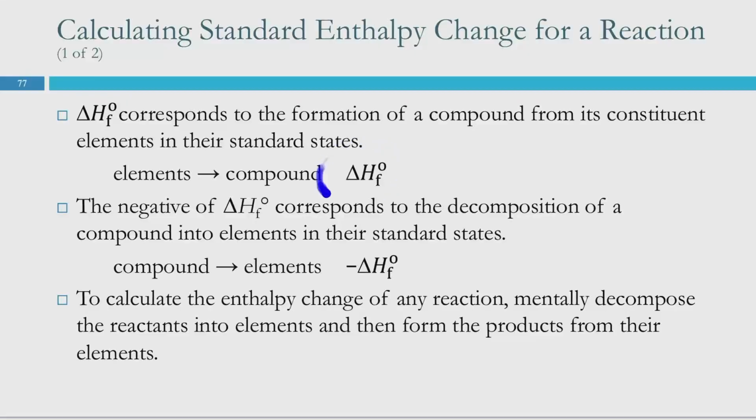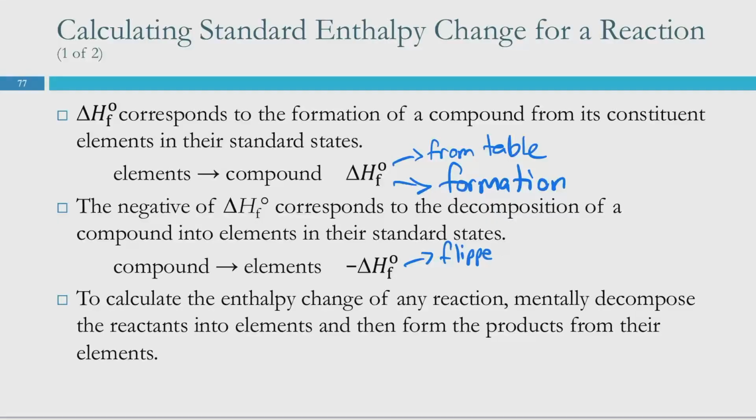So whatever the value is that we find in the table, this is formation, making it from its standard elements. If you flip it, make it negative if it's positive, make it positive if it's negative, then this is for decomposition.